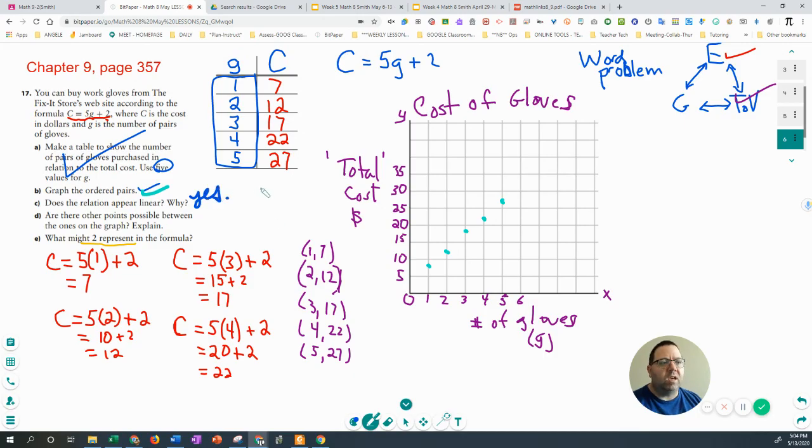Yes. Now, it's because the amount they're going up is a predictable.